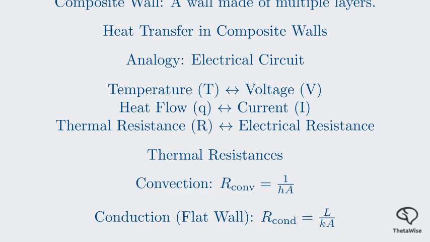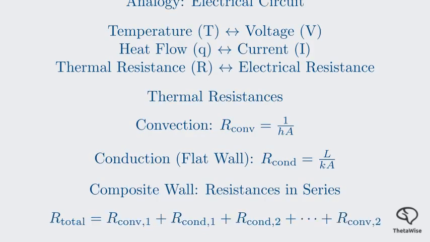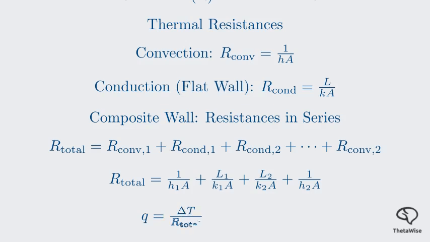Now for our composite wall, the heat must flow sequentially through each resistance. This means the resistances are in series. Just like in an electrical circuit with series resistors, the total thermal resistance is simply the sum of all individual resistances. So, for our wall with one convective layer on each side and two solid layers in the middle, the total resistance is 1 over h1 A plus L1 over k1 A plus L2 over k2 A plus 1 over h2 A. Once we have the total resistance, we can calculate the overall heat transfer rate, Q. Using our electrical analogy, Q equals the total temperature difference divided by the total resistance.